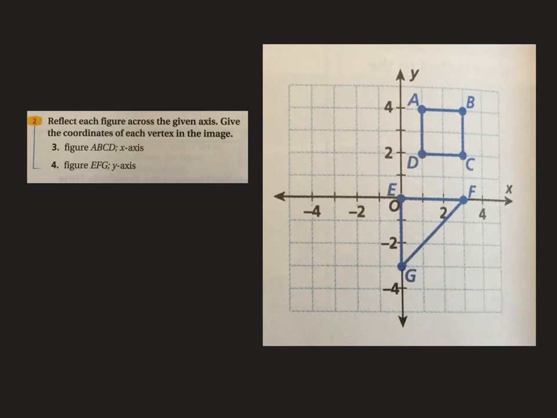Let's go. Reflect each figure across the given axis. Give the coordinates of each vertex in the image. Okay, so if I go boop, boop, here's A prime. 1, 2, 3. So then I need to go 1, 2, 3. Here is B prime.